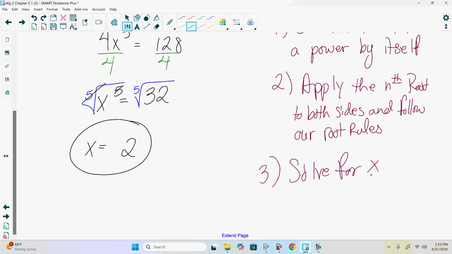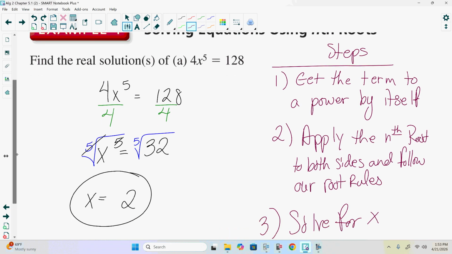How many solutions do we actually find? 1. So let's go back to the instructions and see what it said. Find the real solutions. We took the fifth root of both sides, and according to our root rules, there's only one real solution. That means those other 4 solutions that exist for this equation are going to be complex.